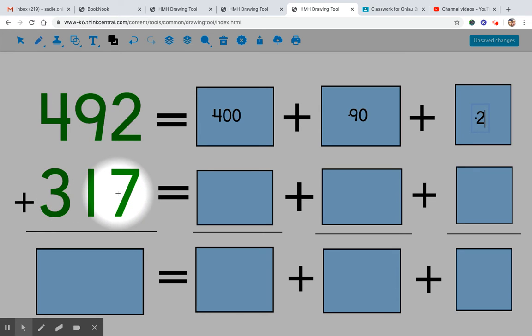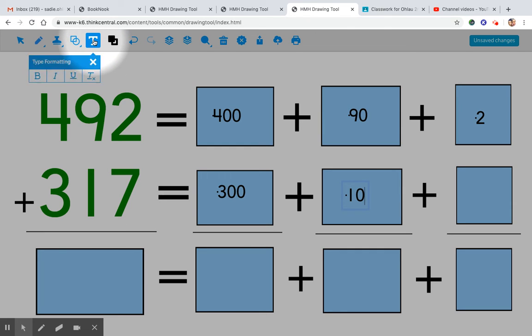Now here, 317, I have a 3 in my hundreds place, which is 3 hundreds, or 300. And a 1 in the tens place, which is 1 ten, or just 10, right? And plus 7. 7 ones equals 7.